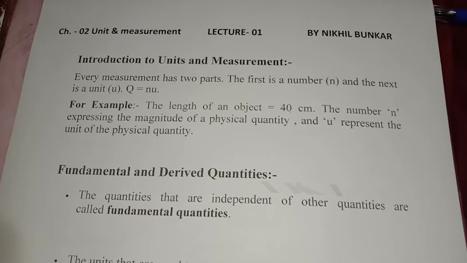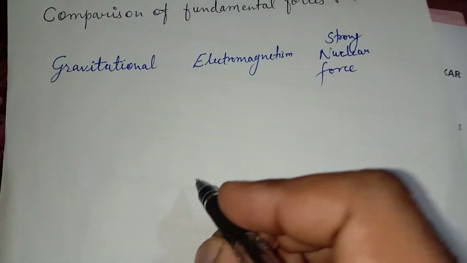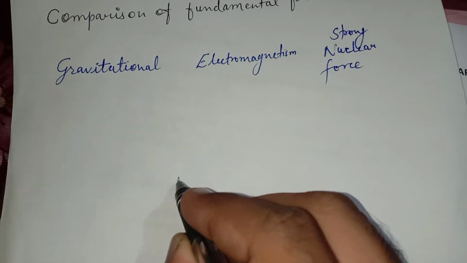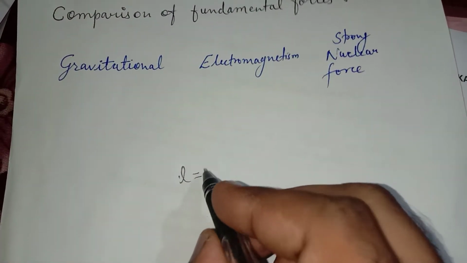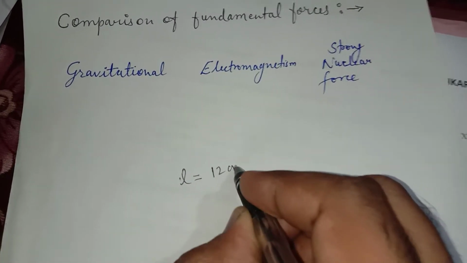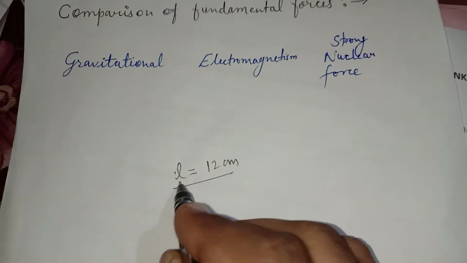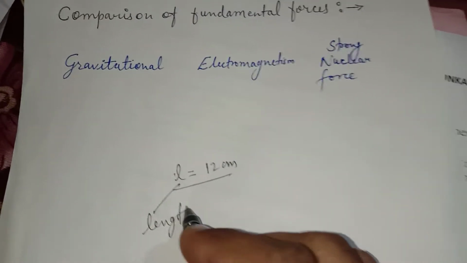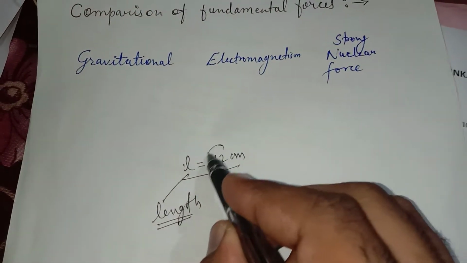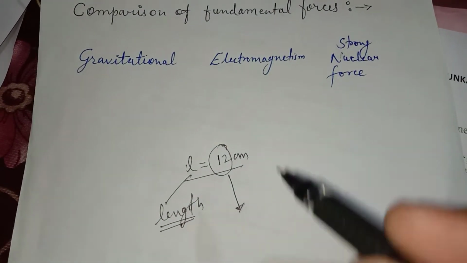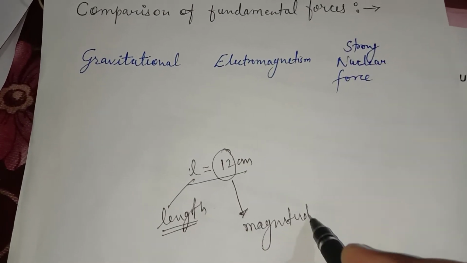If I talk about length, everyone says, let us consider an example, the length of any pen is 12 centimeter. So here length is the physical quantity, and 12 is the number or digit which shows the magnitude of the physical quantity.